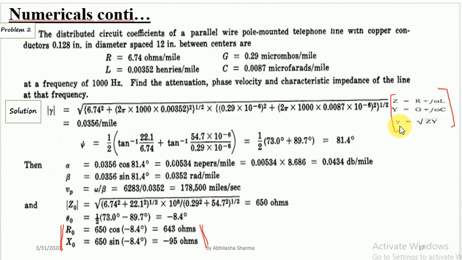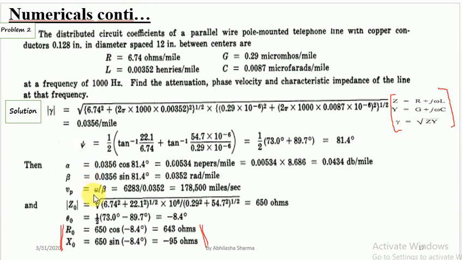This is in complex form, so when you compare this gamma with alpha plus j beta, the real part is equivalent to the attenuation and the imaginary part is equivalent to beta. So there are two methods, either with this formula or with that formula. Once you calculate the magnitude of the propagation constant and the angle, you are able to calculate alpha and beta.